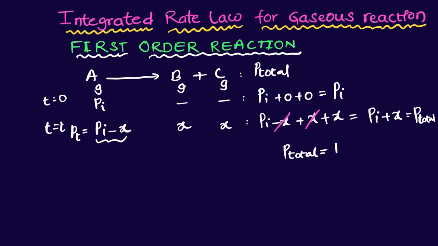Now, we know that P total is equal to Pi plus x. P total minus Pi is equal to x. This is the x value. Now, P at T time is equal to Pi minus x.